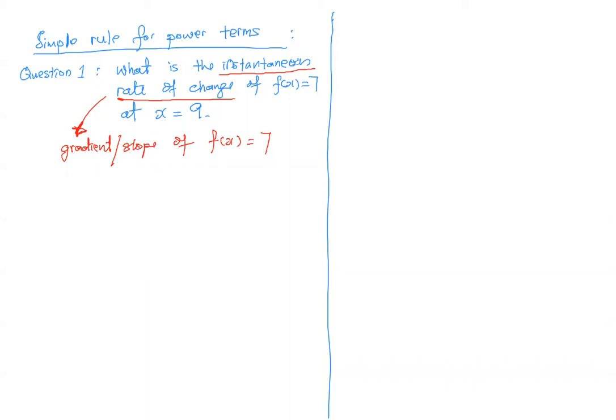So I'm looking for f prime x. Yishan, can you tell me what the answer is for this case? This is a y value. This is a y value. So can you tell me what the answer is?